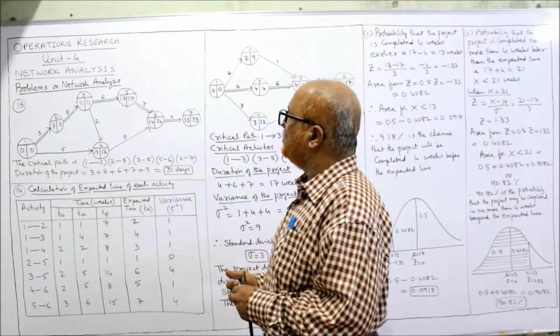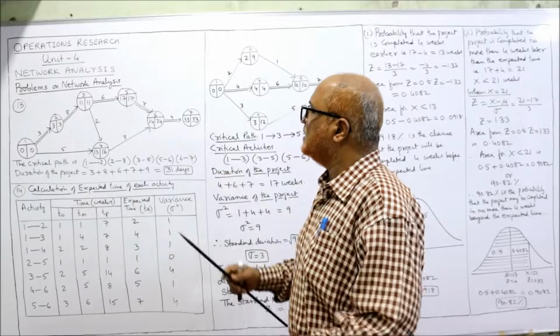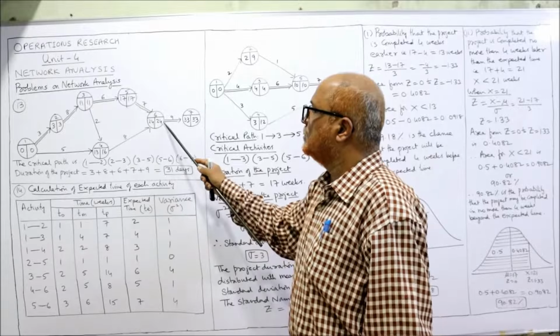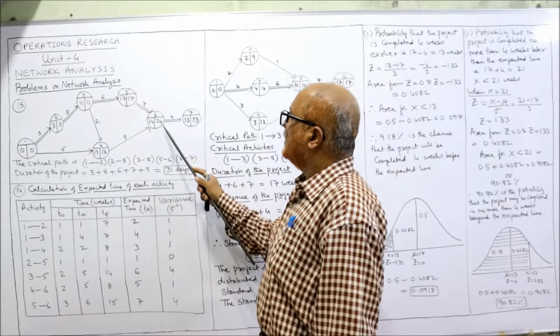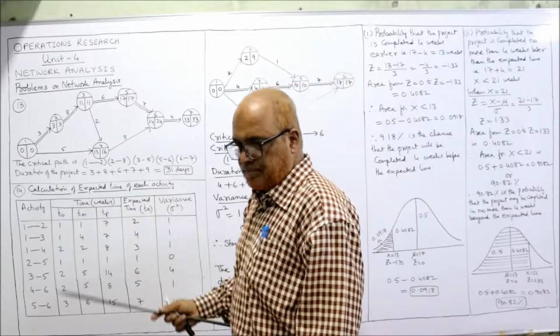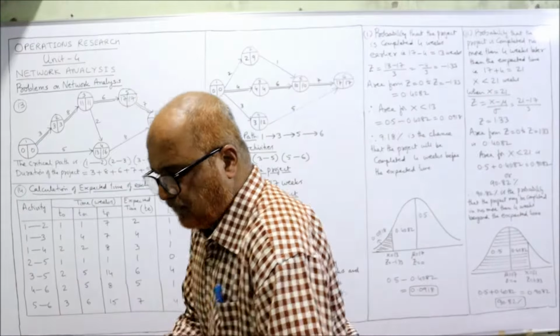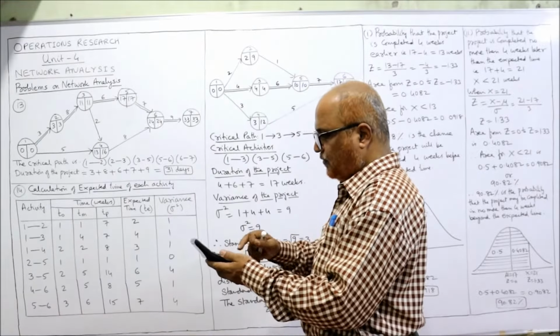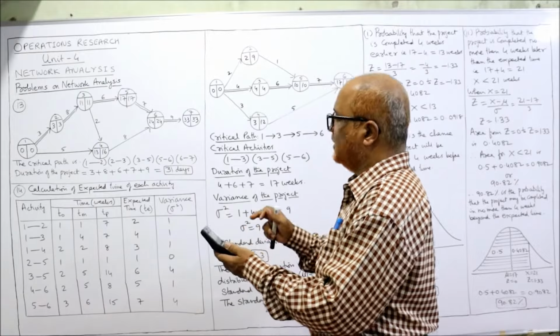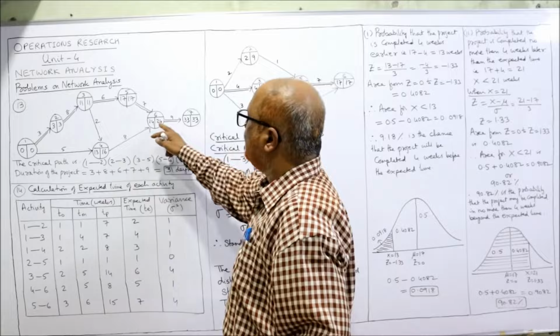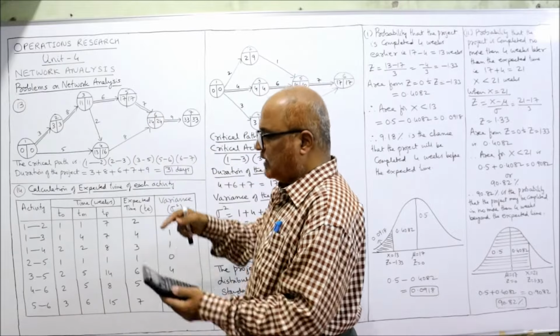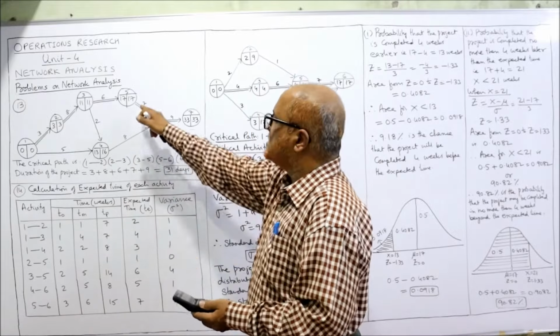Now the backward pass. 33 minus 9 is 24. So we can confirm: 24 plus 9 is equal to 33, and 33 minus 9 is 24. Now from 24, here only one arrow is bursting: 24 minus 7 is 17.